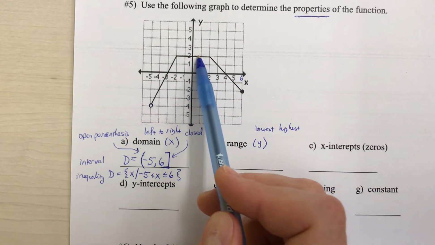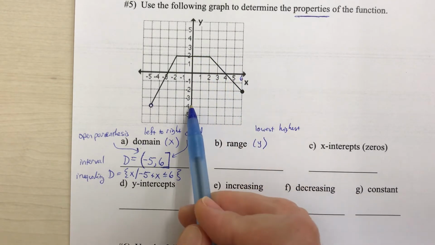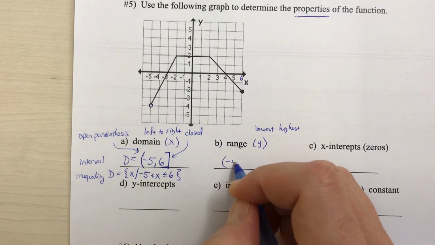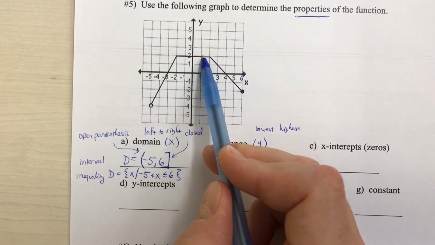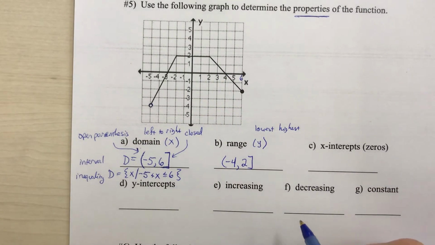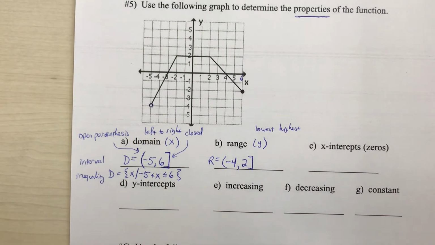And notice we get that value quite a bit. All right, so from -4 to +2. Now -4 is open. And then +2, now that point is part of the function, so I'm going to close at 2. I'm going to put a bracket there. So that is our range, -4, 2.